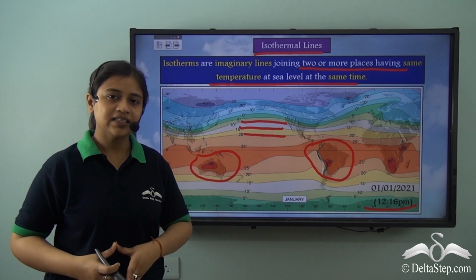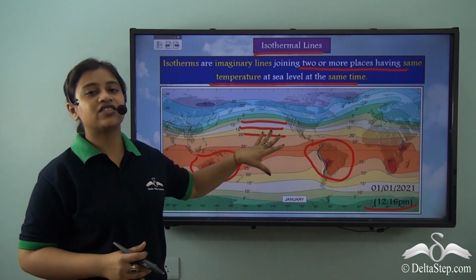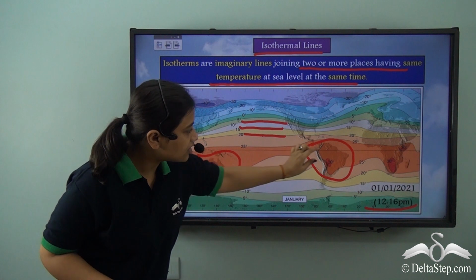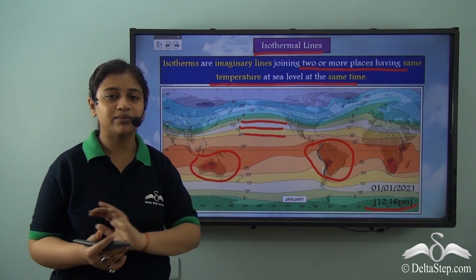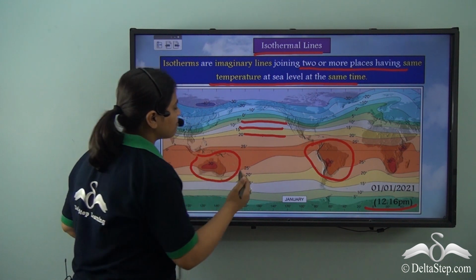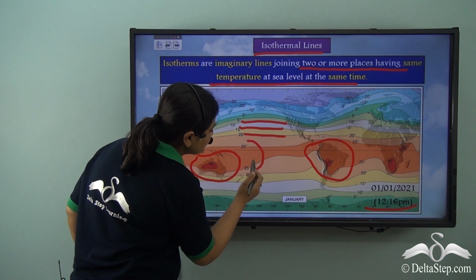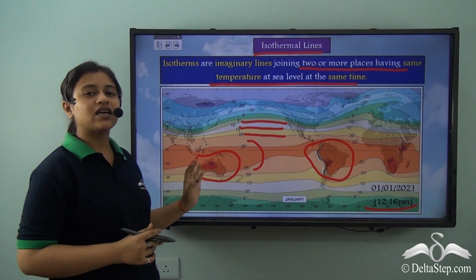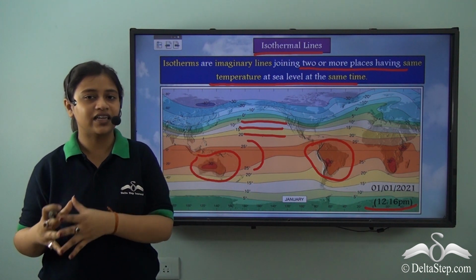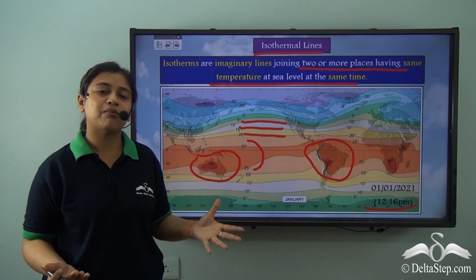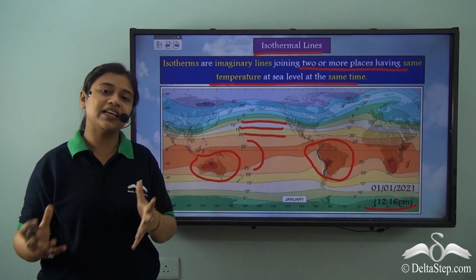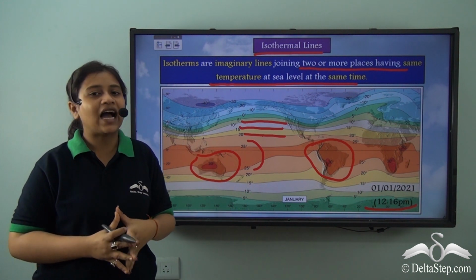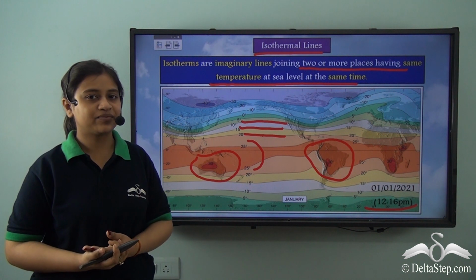This only means that these regions that fall under this particular deep orange isothermal line is having temperatures around 25 degrees Celsius, right? So isotherms are nothing but imaginary lines that simply tell us about places, or it joins places that have same temperature at the same time at sea level.